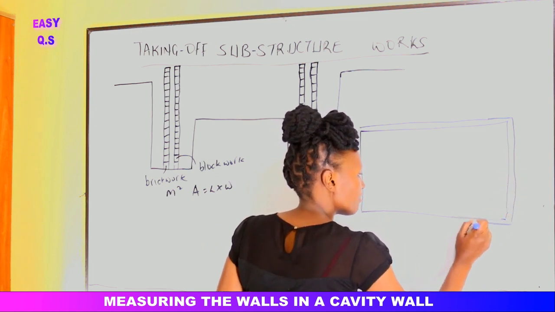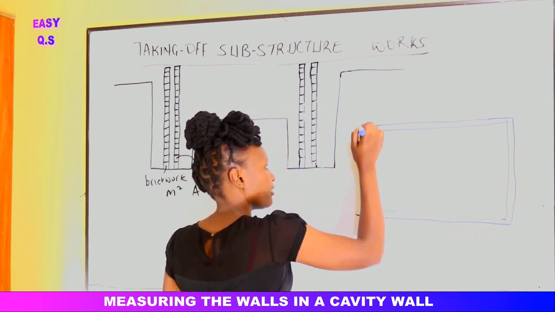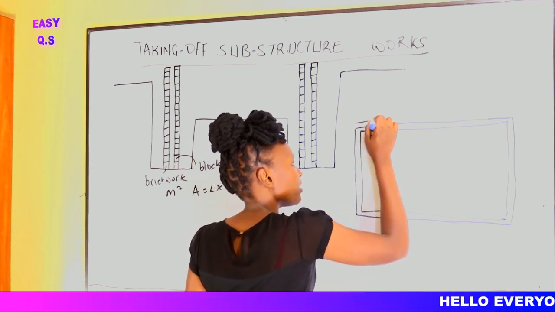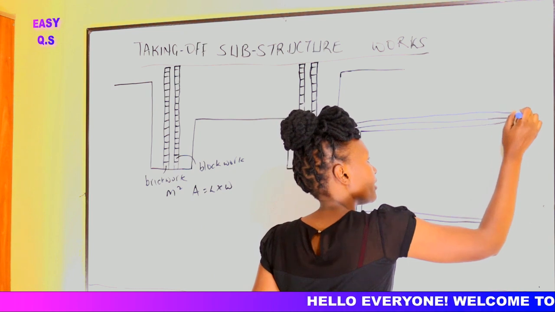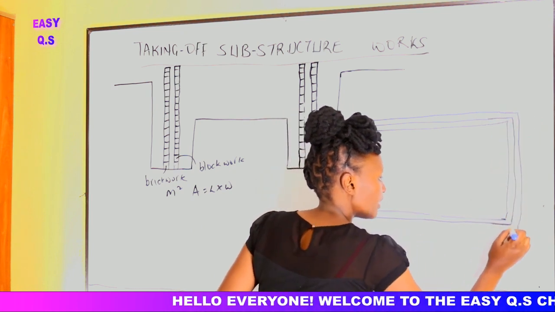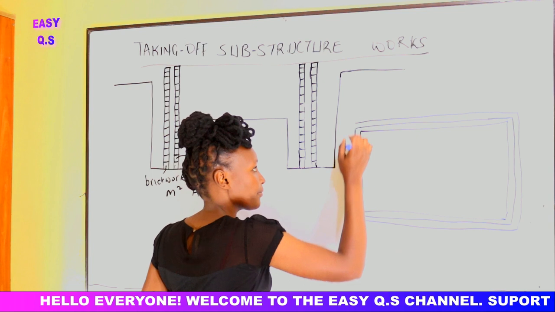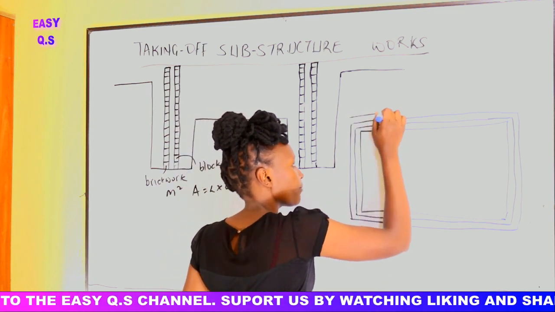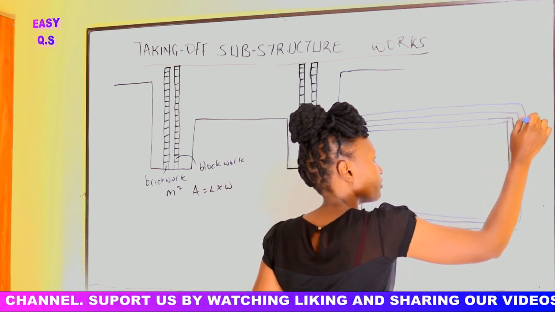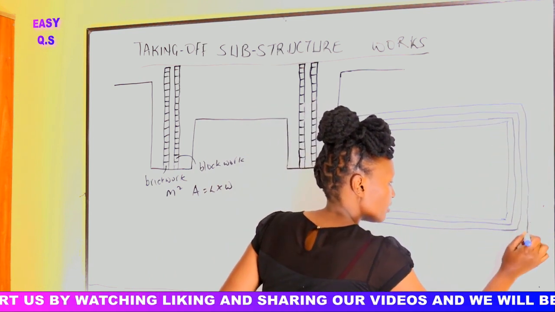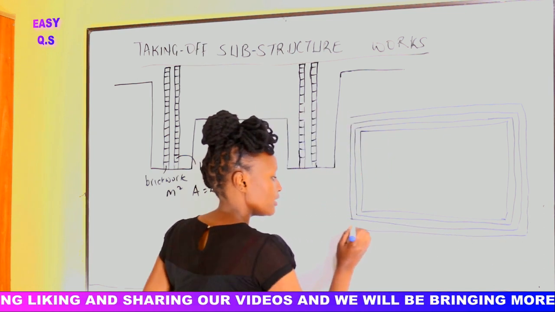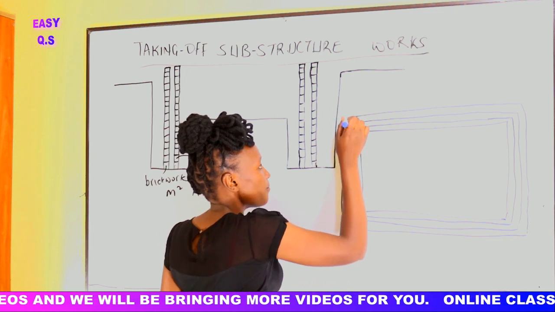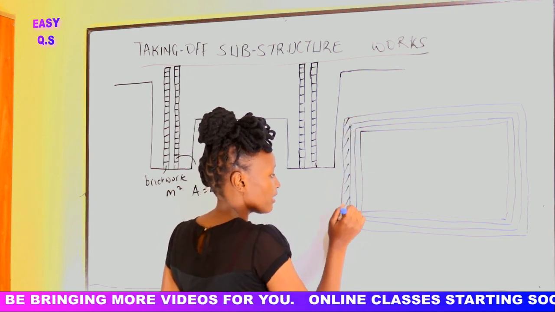In cavity walls, we have that wall here. That is the blockwork. Then we have the space. Then we have the brickwork. Alright. In the plan, we'll be able to see all these walls. So this is the brickwork outside here.